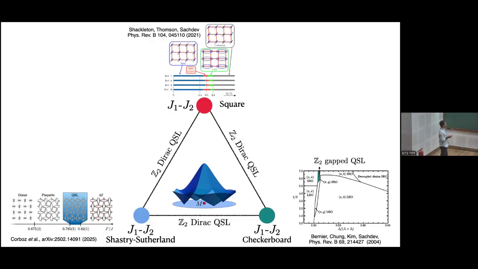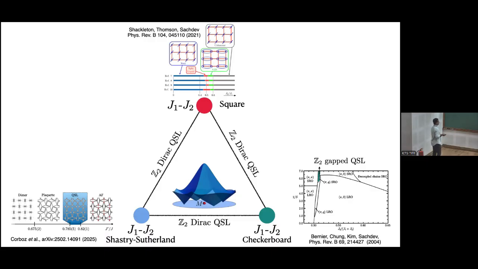The precise phase boundaries are debated within different numerical methods, but there is more or less consensus that there is a state which lacks any conventional dipolar order, and also lacks any translational symmetry breaking, which then ensues as you crank up the value of J2 before you enter into a columnar or stripe phase.